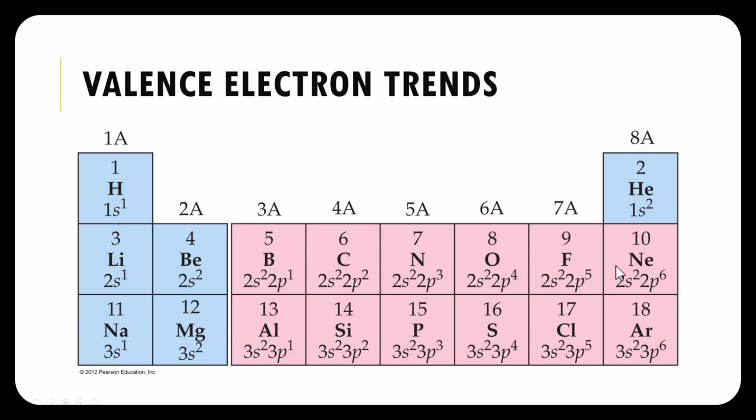We fill up the P block, we end this row, we come down, we put our first electron into the third energy level. So there's 1 electron in that new energy level, 1 valence. Then we put 2 into the third energy level, and then 3, 4, 5, 6, 7, 8.